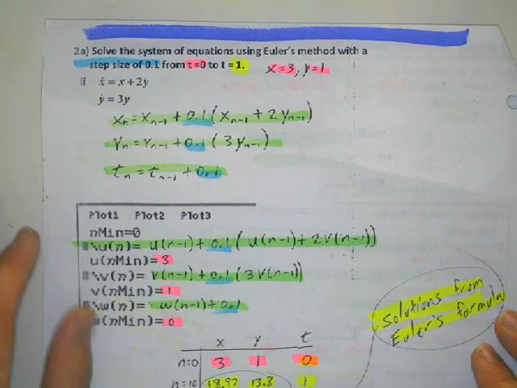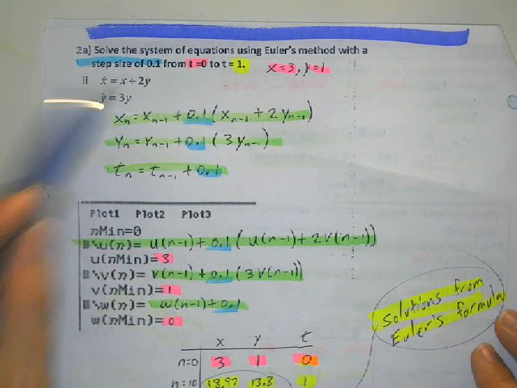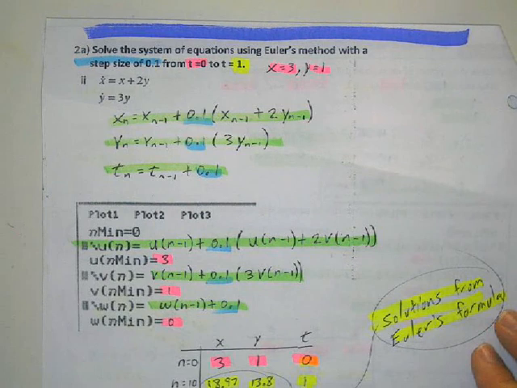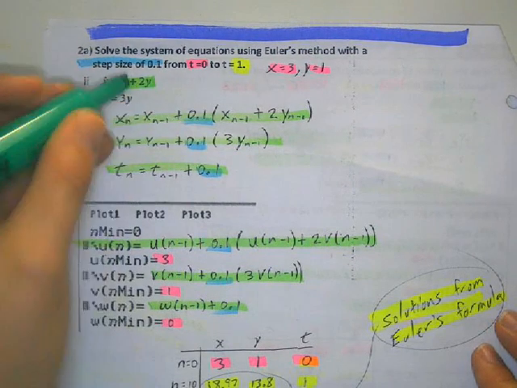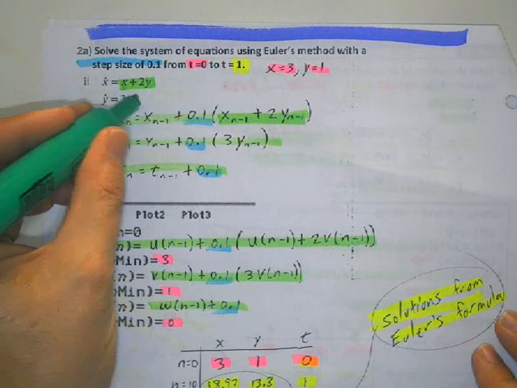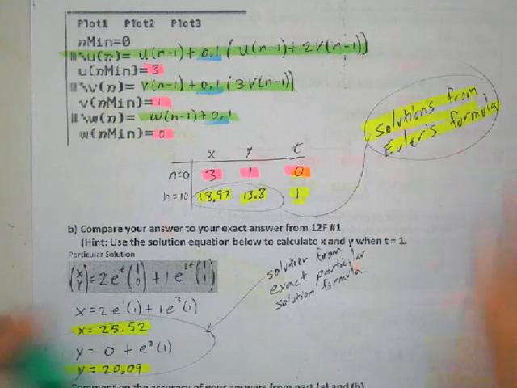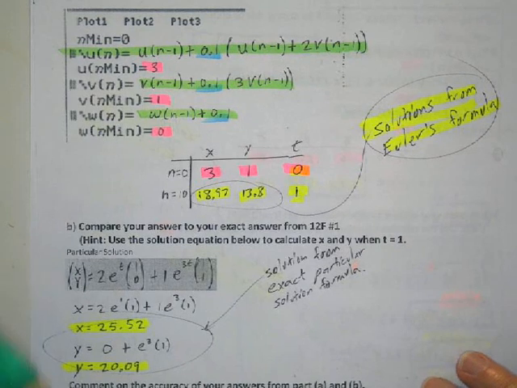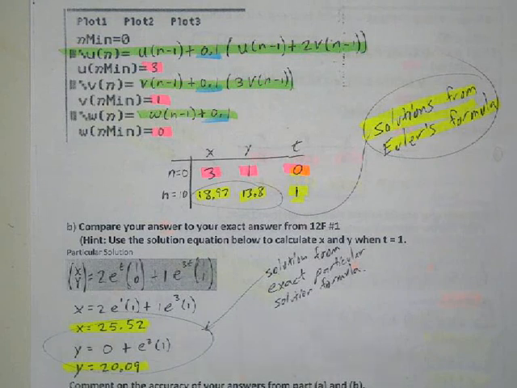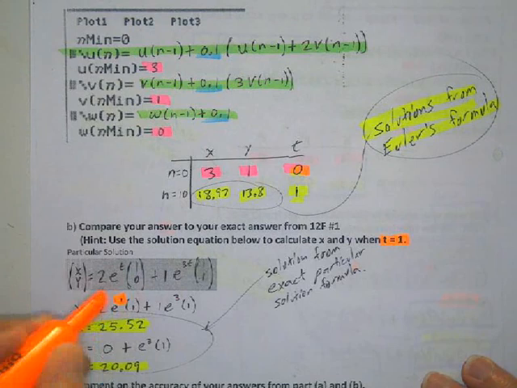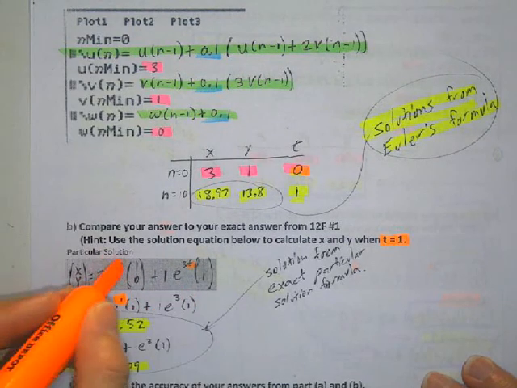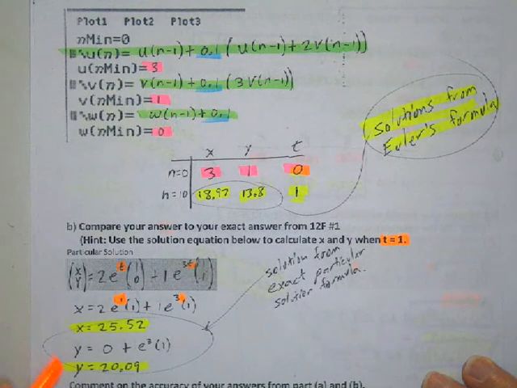Here's problem number 2. Once again, I just rewrote the x plus 2y here, and the 3y there. Hit pause if you need to. If I compare my answer to what we did in 12F.1, I just plug in 1 in place of t, and then I get these x values.